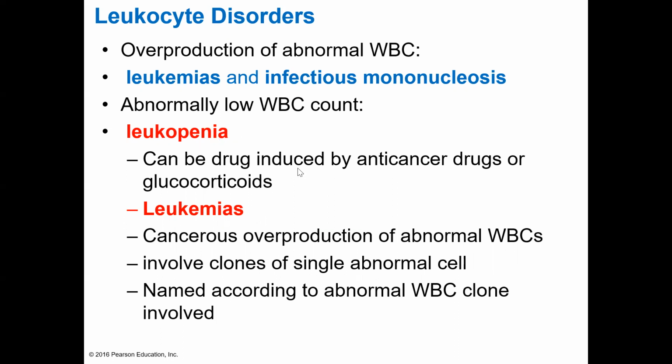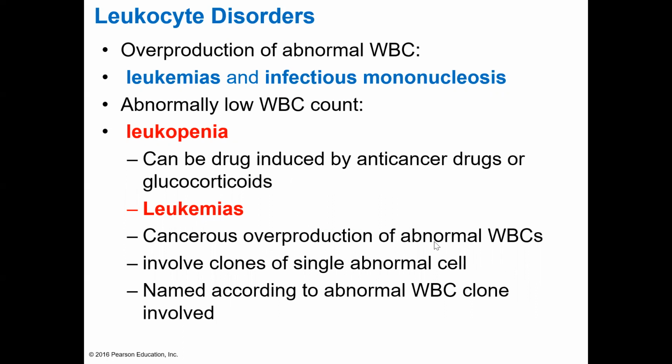Leukopenia can be caused by drugs, meaning medications that are either anti-cancer drugs or glucocorticoids, or sometimes antibiotics. Or there is an increase in the amount of white blood cells, as we see in leukemias.